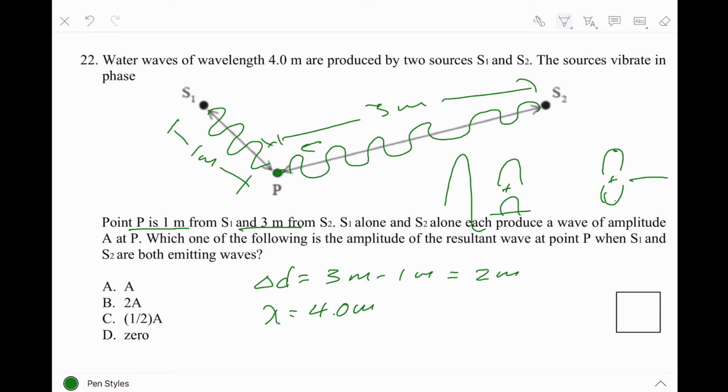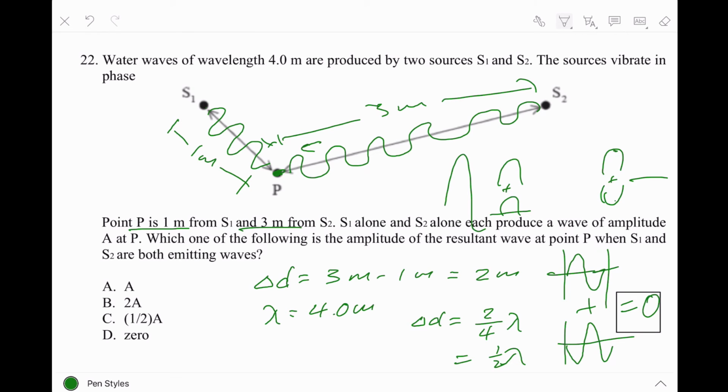So 2 over 4 is half lambda. When you have a half lambda difference, the second wave is shifted by half lambda relative to the first. So when you add them, it's 0. Therefore, you get destructive interference. All right. Follow?